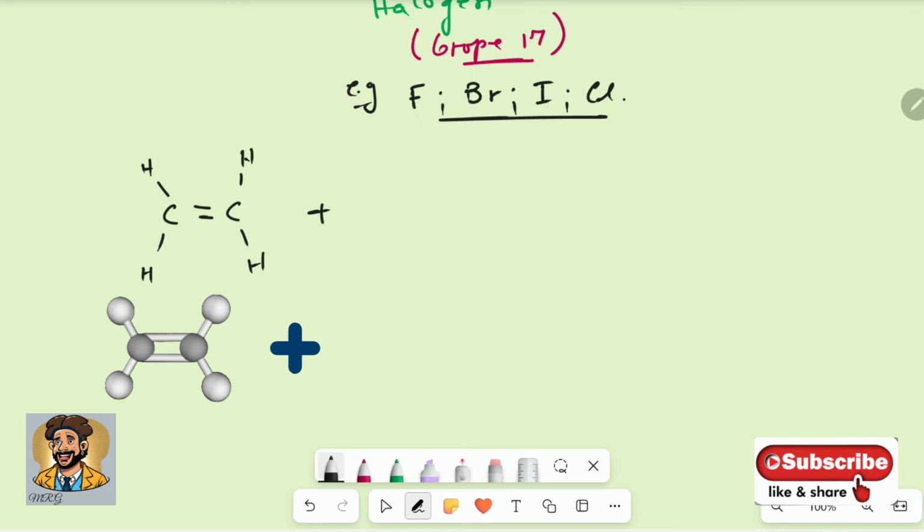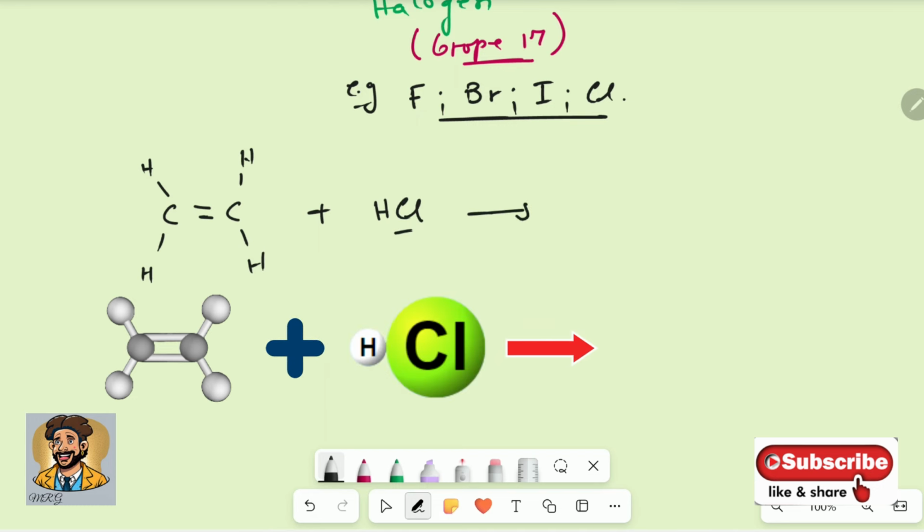Then we are going to add any hydrogen halide. Any one. So let's start with hydrogen chloride, HCl. Now what is going to happen? The double bond is going to break. It will break and you will have a space for hydrogen as well as a space for halogen.